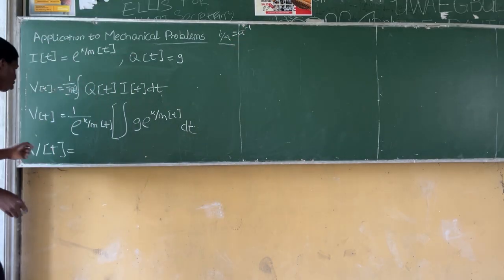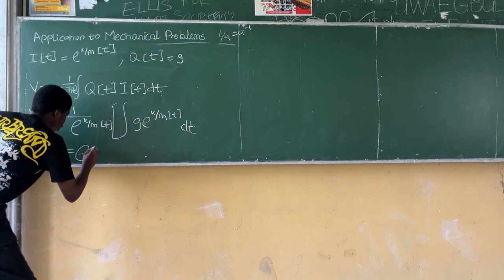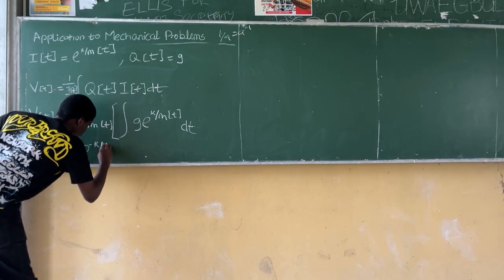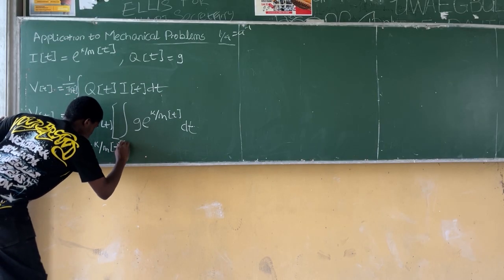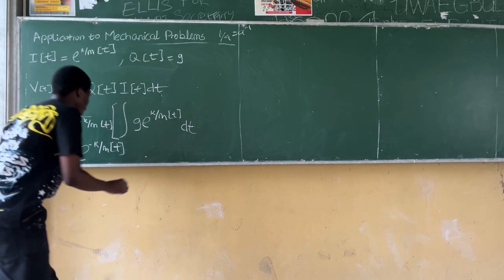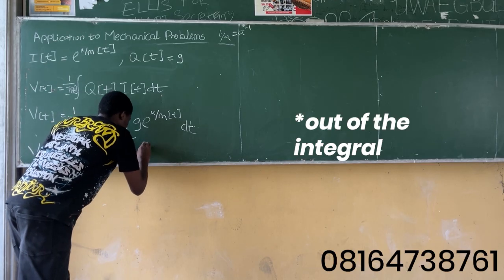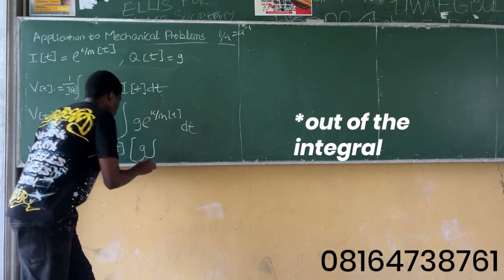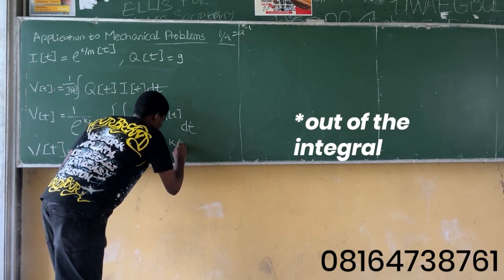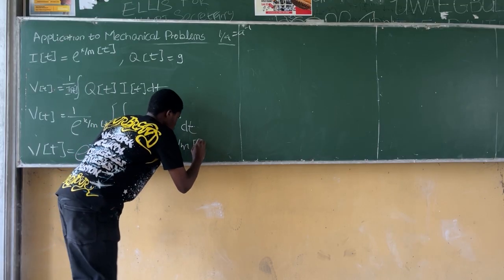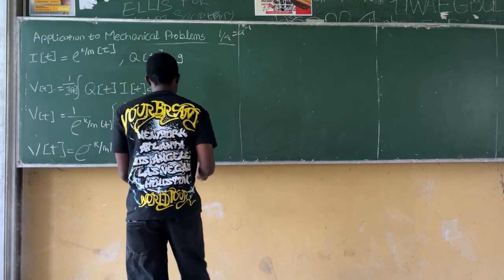So let's do the same thing for this. So this is e to the minus k divided by m multiplied by t. So we are taking our g out of the integral. So this is e to the k over m t dt.